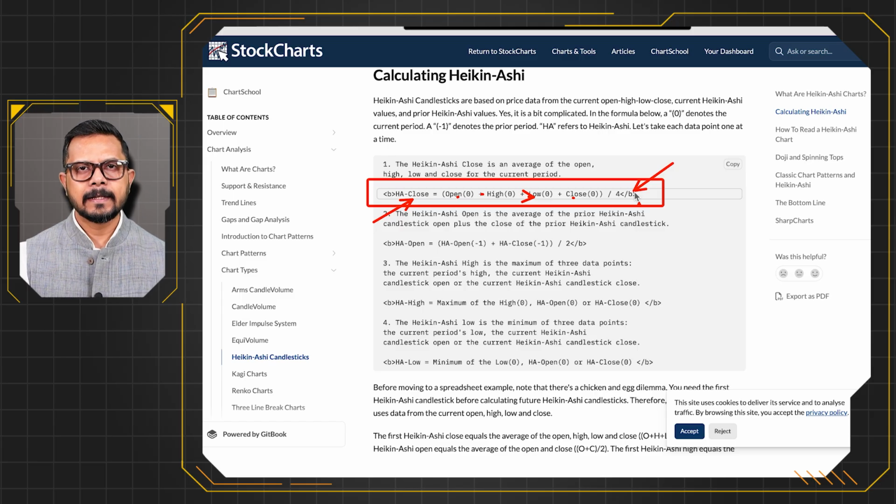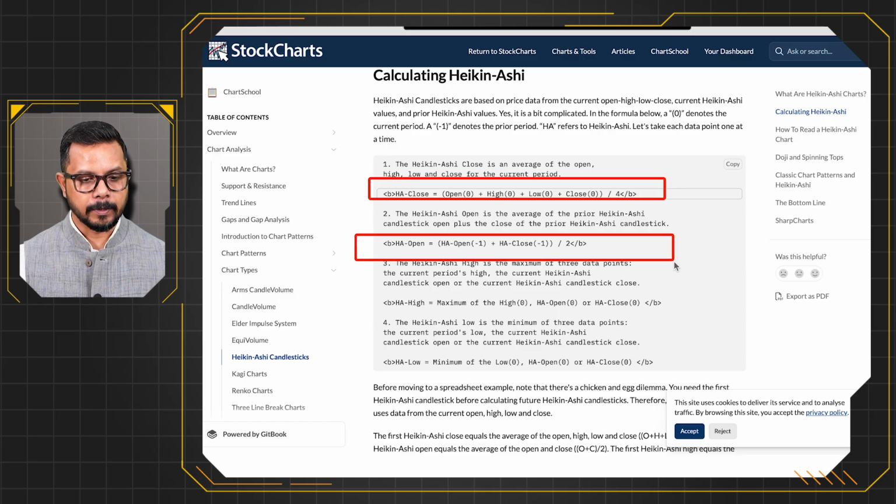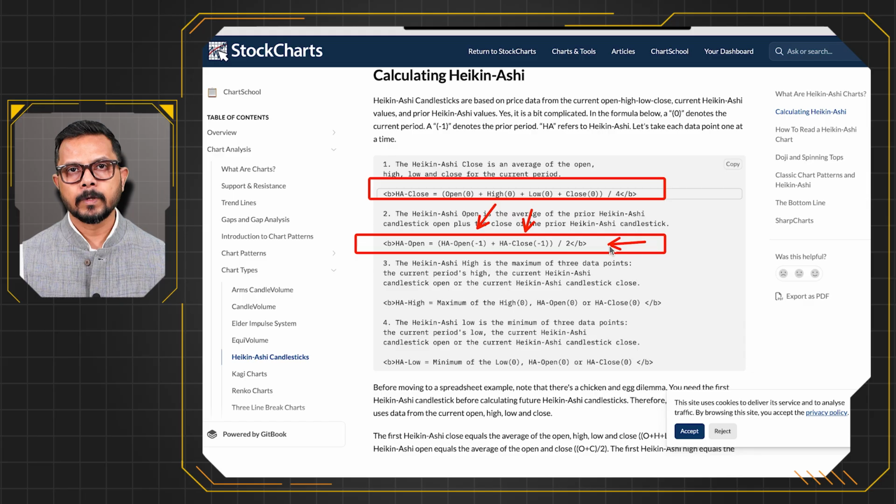So clearly it is slowing down the closing price. So it is modifying the closing price. Similarly, if I show you what is the Heikin Ashi open, I'm sorry, that was the close, this is the open. The open is open plus close divided by 2. So it is getting modified.